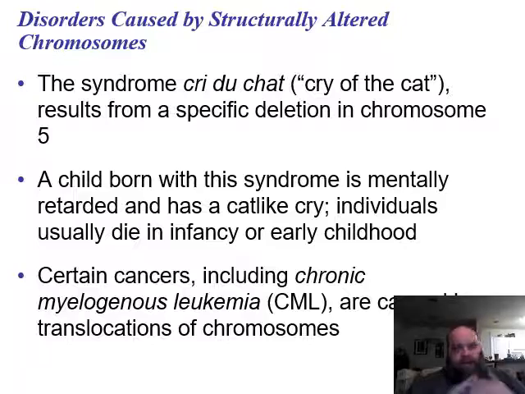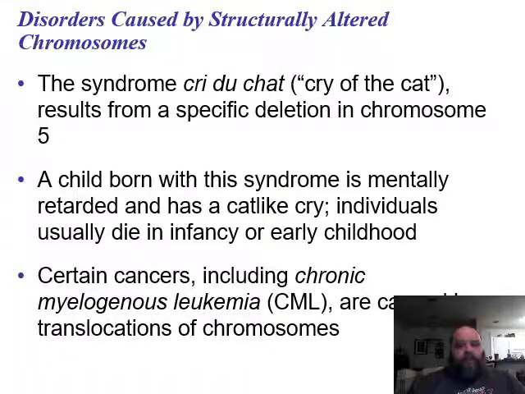They do not make it generally past infancy, childhood, into adolescence. The name comes from the fact that that's all they can do. Cry of the cat. Sounds like a cat caterwauling. There is no higher brain function present.